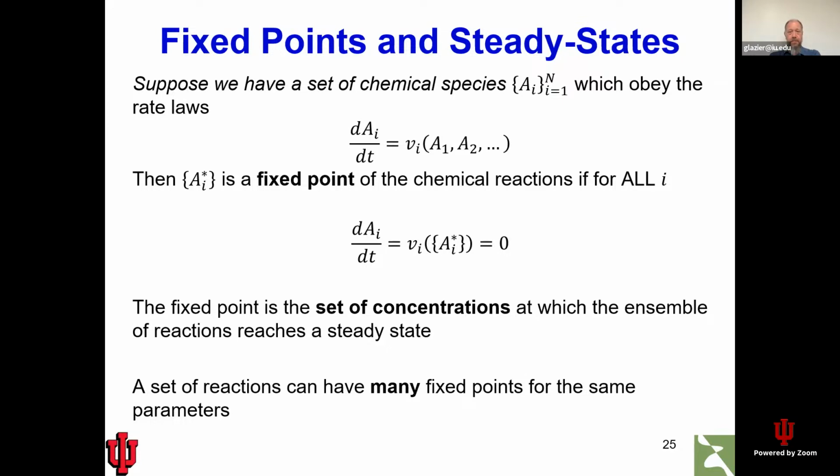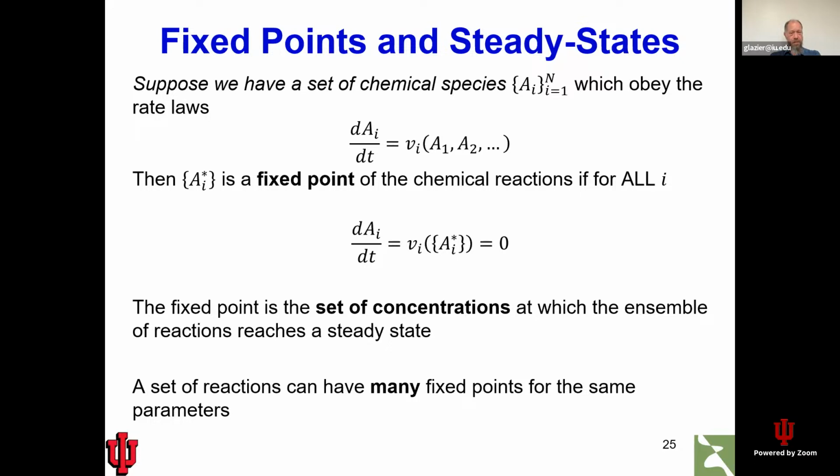And if we have a set of concentrations for which all of our net reaction rates are 0, then the concentration won't change. And potentially there could be many of those. Of course, in more complex systems, we can have situations in which the cell could be in one of multiple stable states.